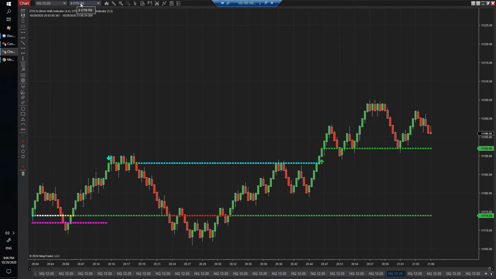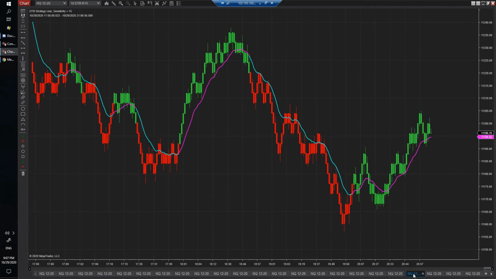So we've currently got an 8.8, so if you change this to a 16.16 or a 16.32, those settings of this brick wall will just need to be adjusted accordingly, and you could experiment with those numbers. You might even choose a 2.2 on a 16.16 chart and a 3.3 to give you a good overview of what price is doing and where those levels are that are extremely key. So this can only be applied to a tick chart, not any minute chart.